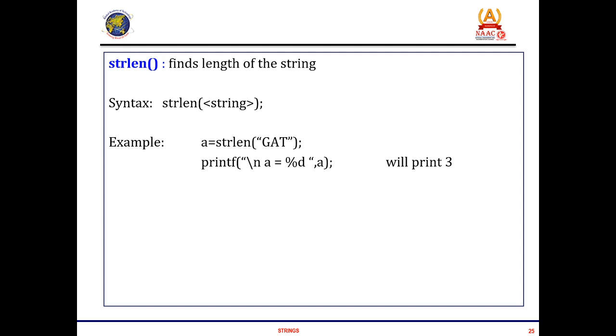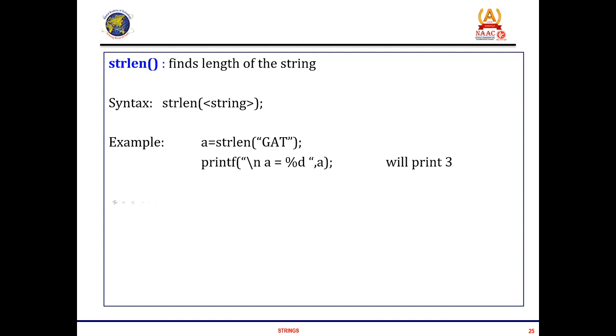We have seen earlier in the introductory part that at the end of every string, a null character is inserted. But the library function strlen in its execution will not consider the null character to find the length. And hence, in this case, only three characters are considered, which is nothing but G, A, T. And hence, the value of a will be printed as 3.